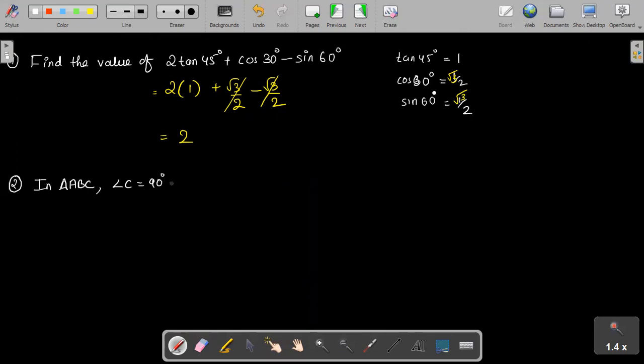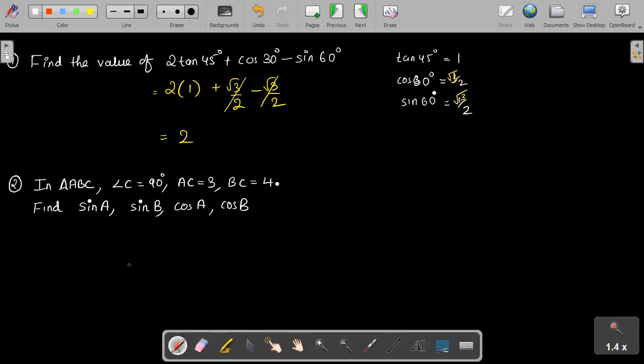Angle C is 90. AC is 3. BC equals 4. Find sin A, sin B, cos A and cos B.